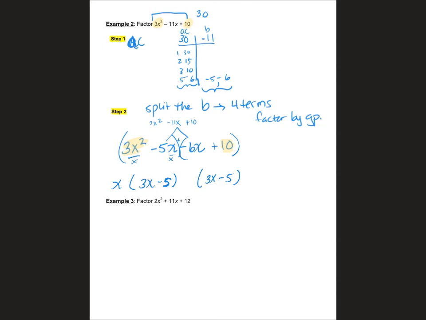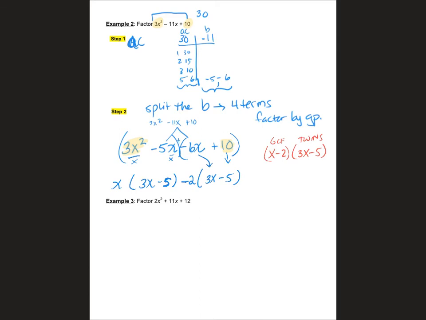And that would be a negative 2, because we need it to come out to be positive 3, and 10 divided by negative 2 is negative 5. So now I can write my final answer, I'll put it in red here, would be x minus 2 and 3x minus 5, the GCFs, and what I like to call the twins.